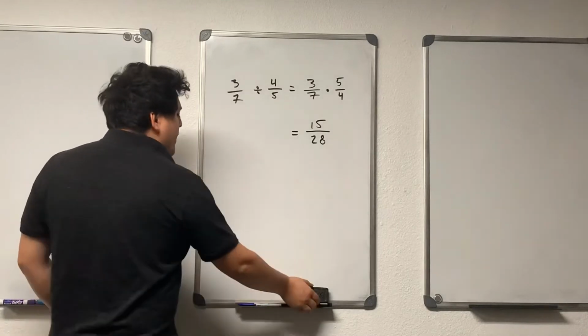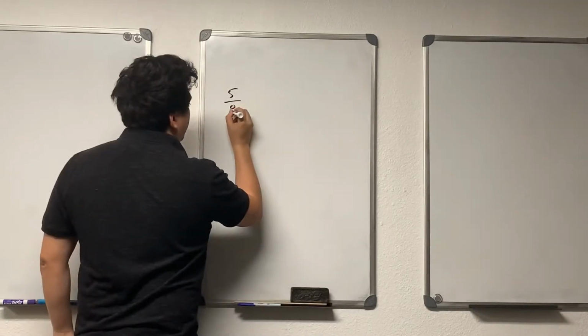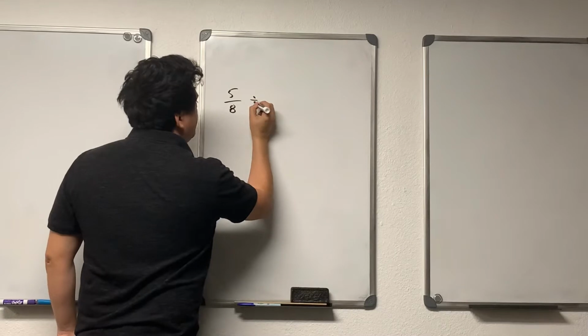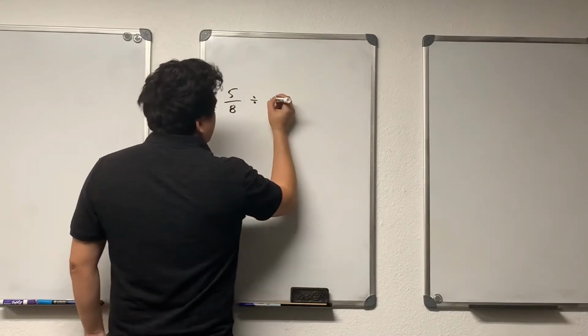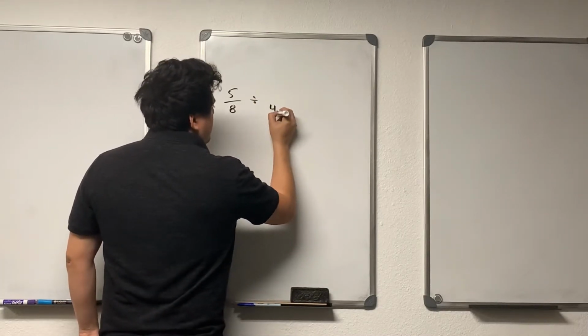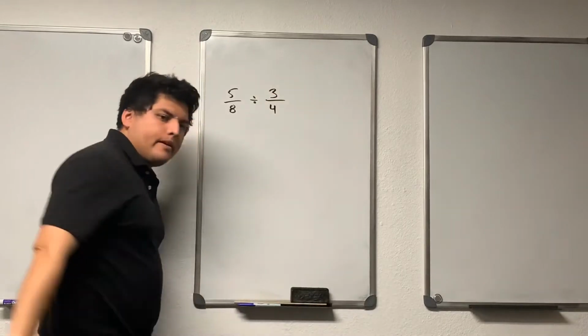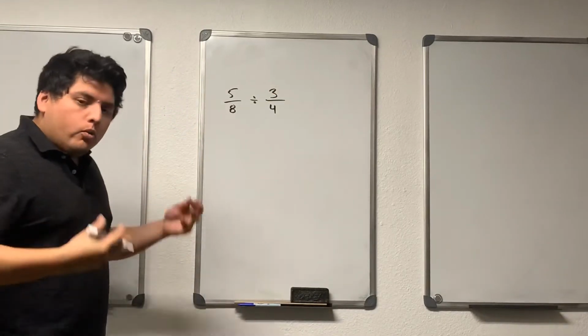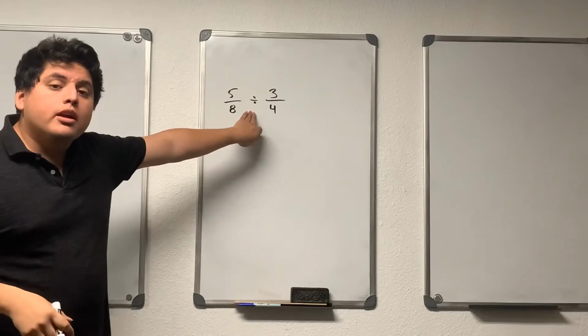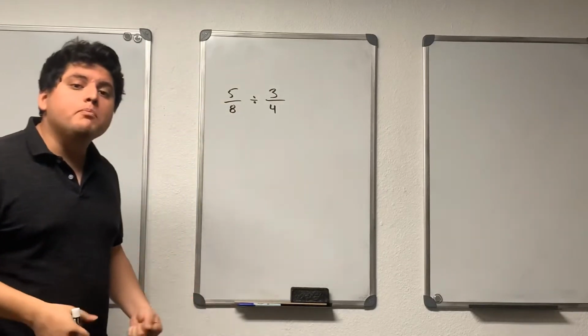Now, let's try a different example. 5 over 8 divided by 3/4. Well, we don't want to work with the division, so we're going to change it into a multiplication by the reciprocal.